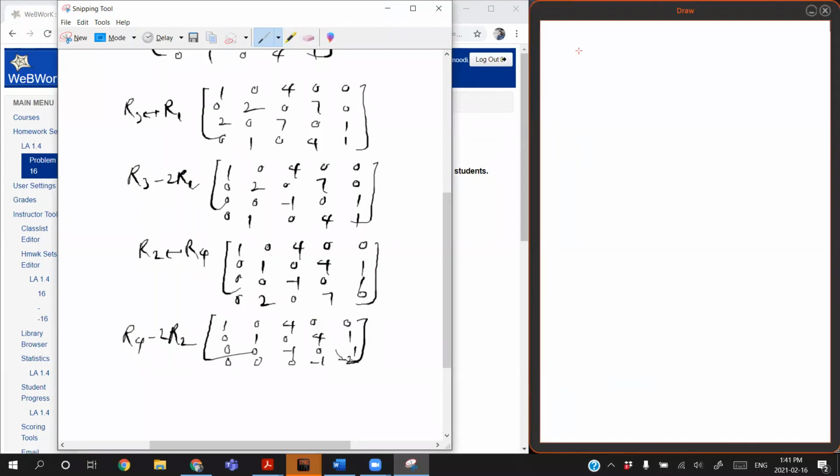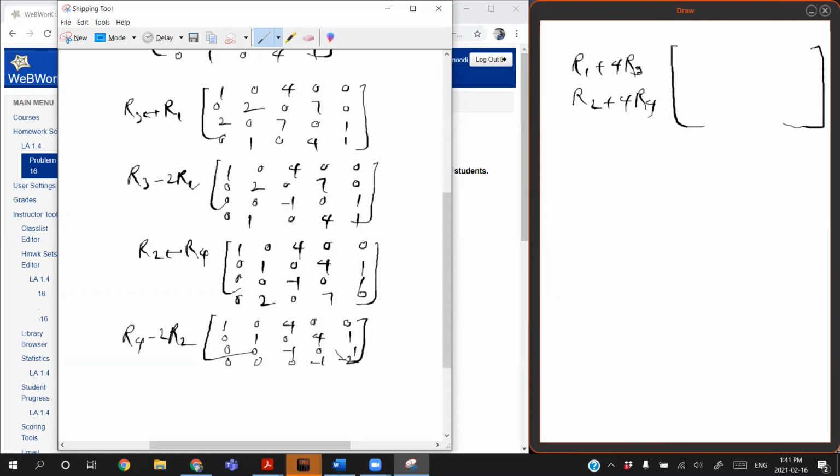So what I'm gonna do is get zeros above first by doing row 1 plus 4 times row 3 and row 2 plus 4 times row 4. So if I do these two operations, I'm going to get zeros above those positions here, which is going to be my leading ones after.